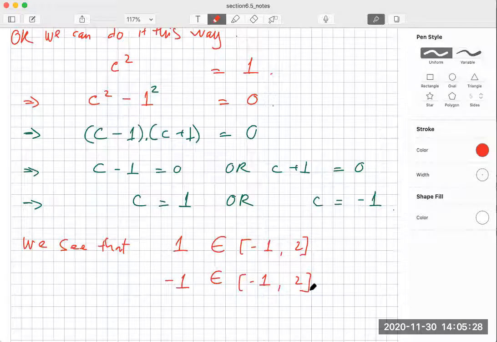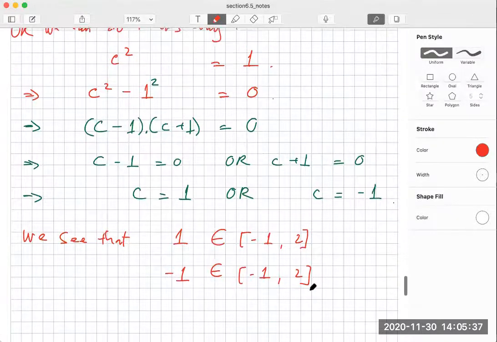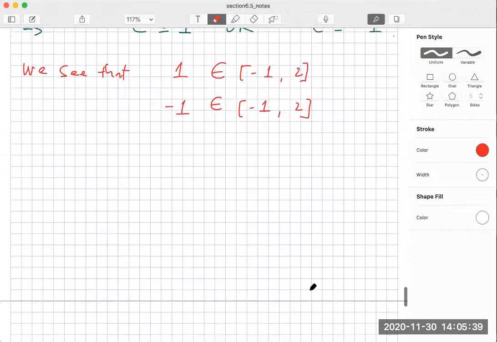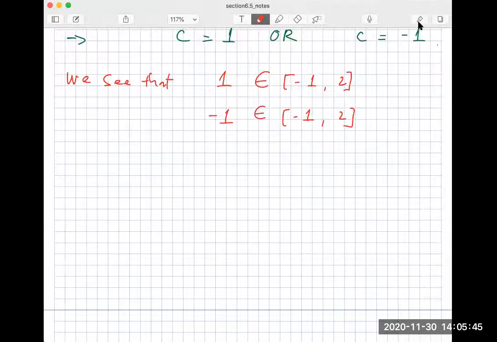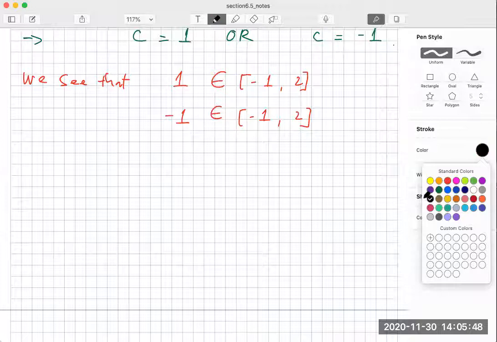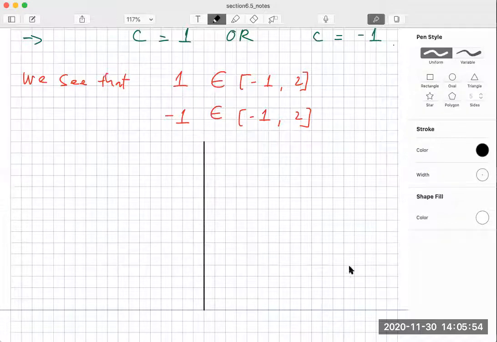So we accept both solutions. Is it okay? Is it clear for all of you? Yes. Thank you. But now let us visualize it.